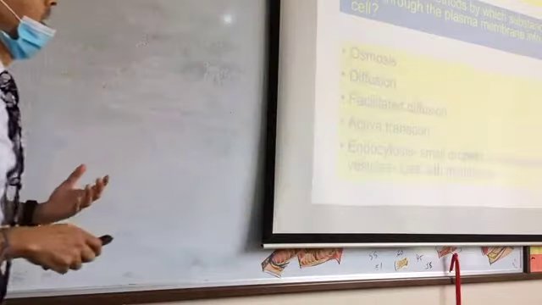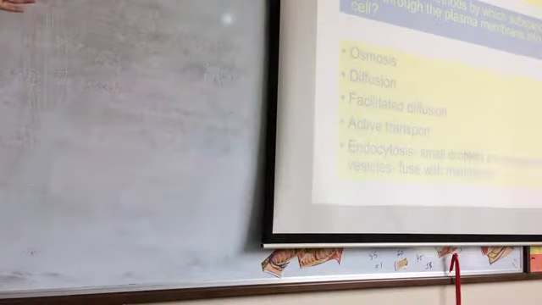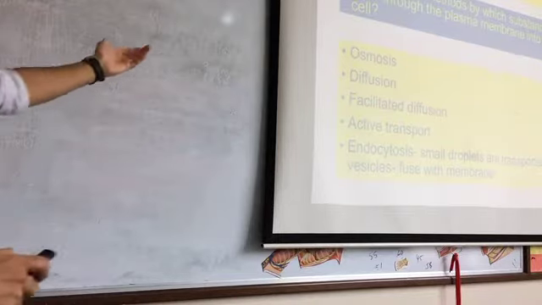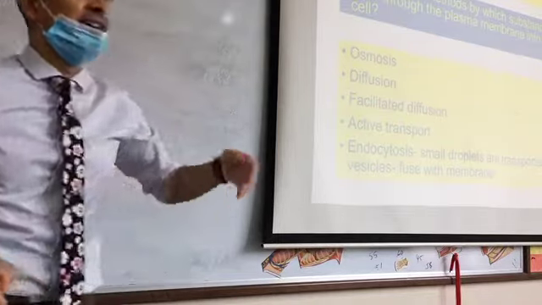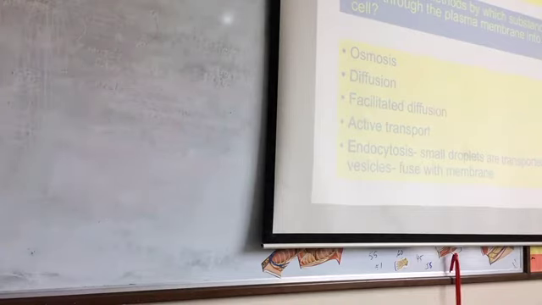We need to be familiar with these modes of transport. If you don't know what these are at this point, that's from a different topic, so we're now going to refer to these. If you're not sure, it's something worth revising. Of course, osmosis, diffusion, facilitated diffusion, active transport using energy, endocytosis using the membranes. We're going to talk about all of these things today.